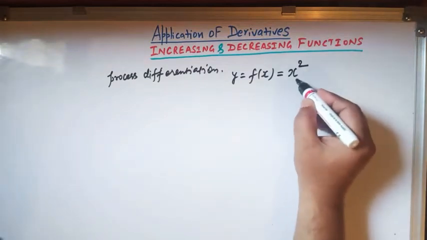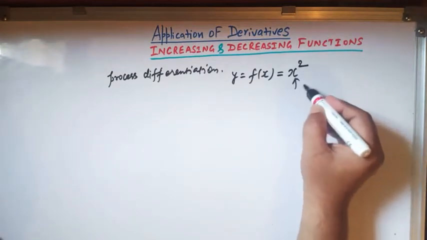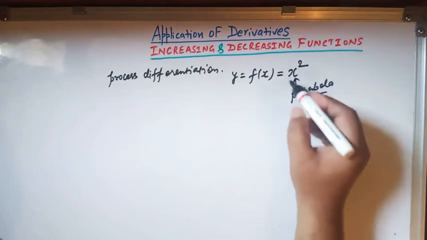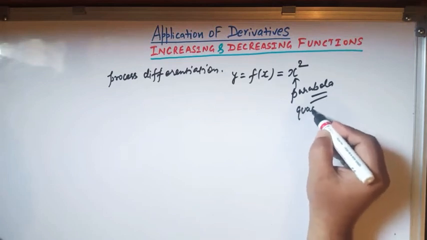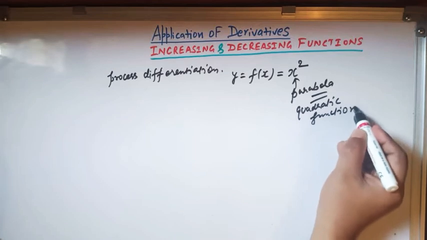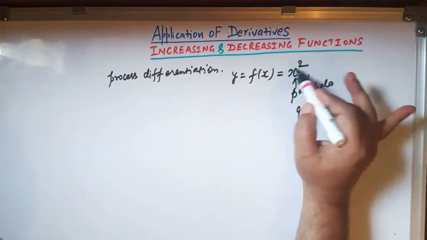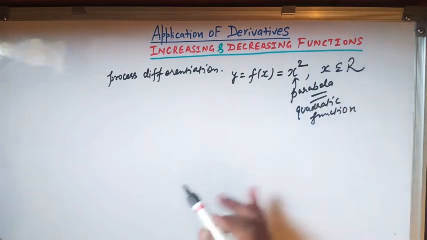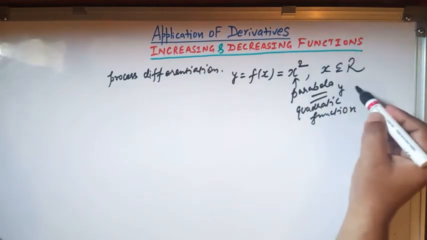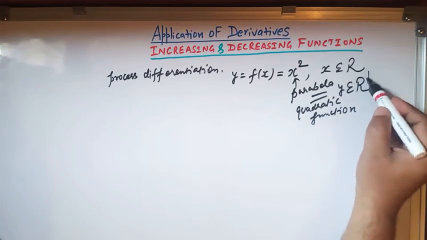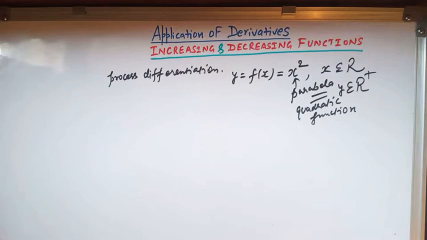And this is a parabola, and this represents a quadratic function. Here the domain is the set of all real numbers, while the range is the set of all positive real numbers.